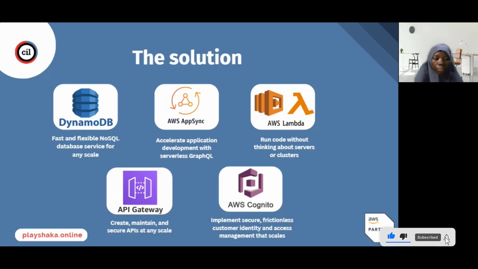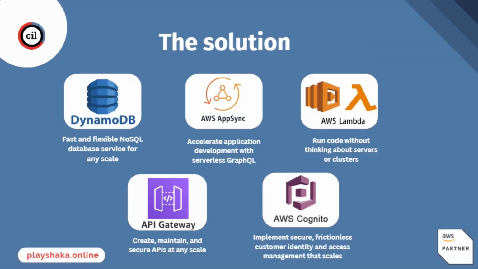We need to manage users because we want users to visit the application and use it for their purpose, and that is where we'll be needing AWS Cognito. With AWS Cognito, we can create a secure, scalable, and cost-effective authentication and authorization that can be integrated into the application.